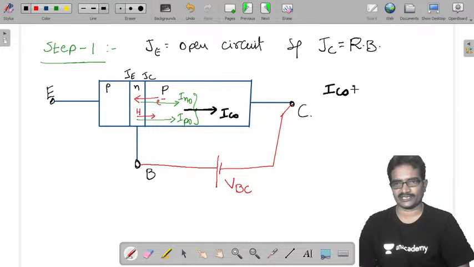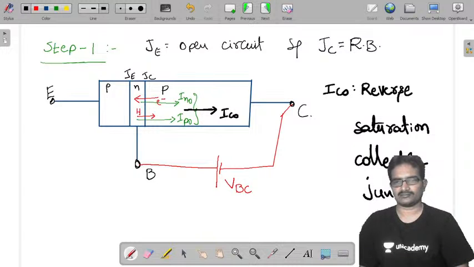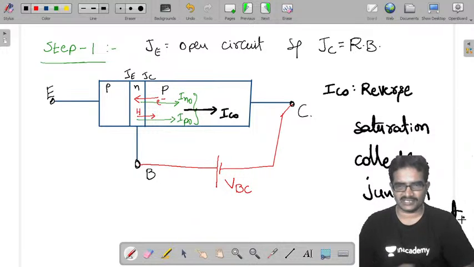It is very important, sir. Reverse saturation collector junction current.